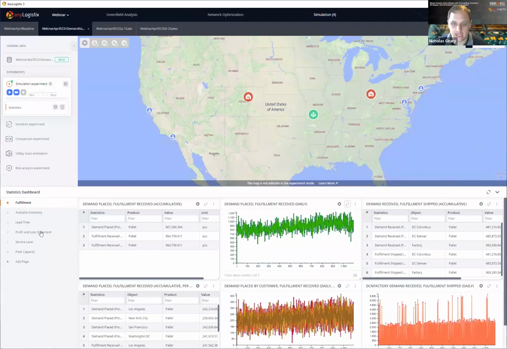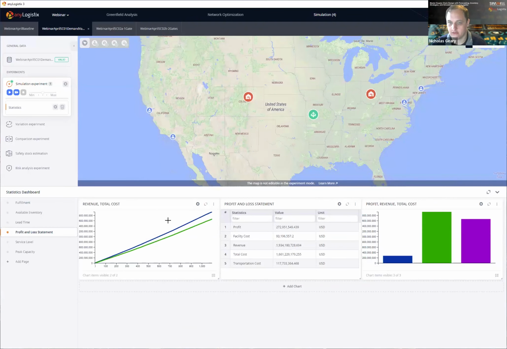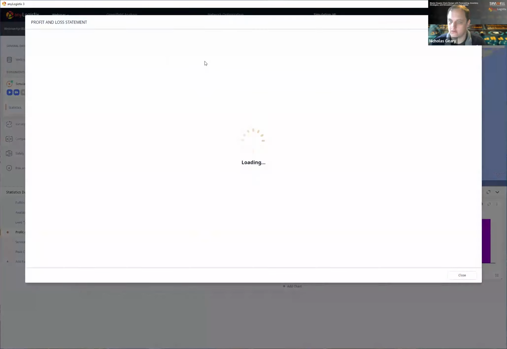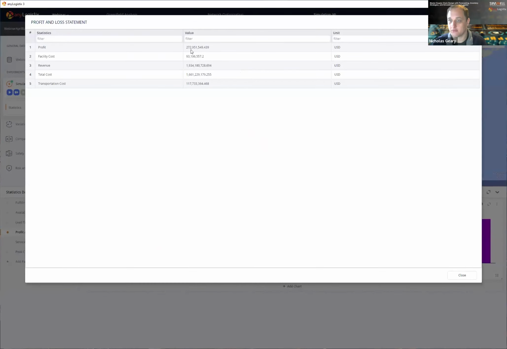Next, we're going to look at our profit and loss table. If you see over here, our revenue is still higher than our total cost, which is perfectly how we would want it. But in our profit and loss statement, our profits did go down slightly, and that is because of the increase in facility costs.